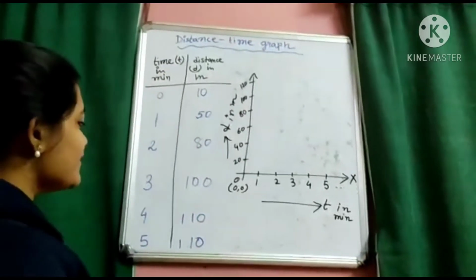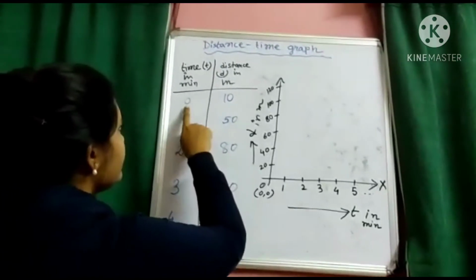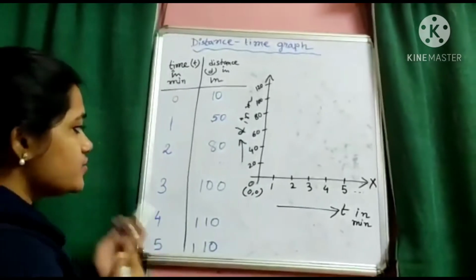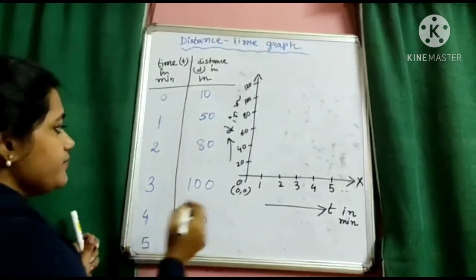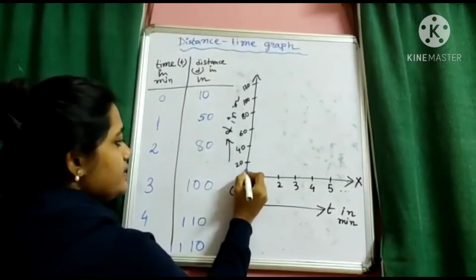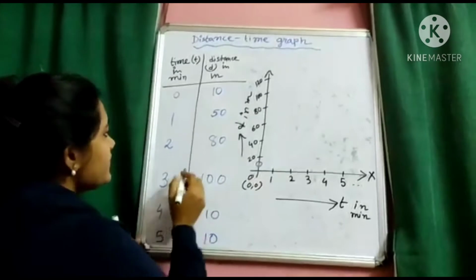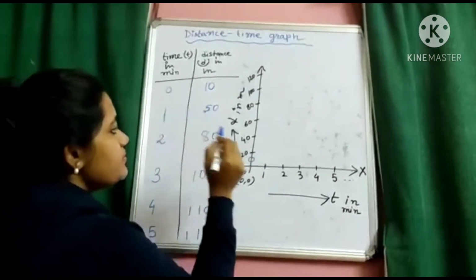So the first one is giving me the value 0 and 10. If here is 20, in between this point, this one is 10. So 0, 10 is this point. Now at 1 minute you have covered 50 meter.